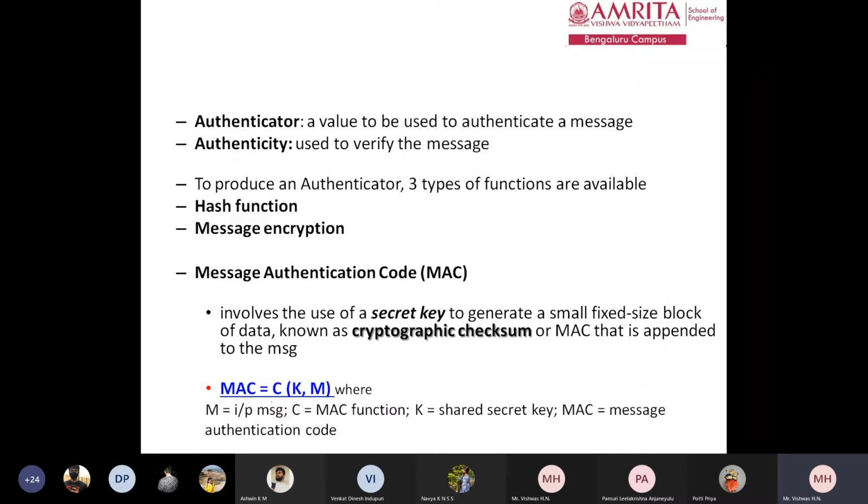You need to have a function for it, and using that you will generate it. For that MAC function, the input is a shared key and the input message. So when you give the shared key and input message to a message authentication function, you will generate a message authentication code.